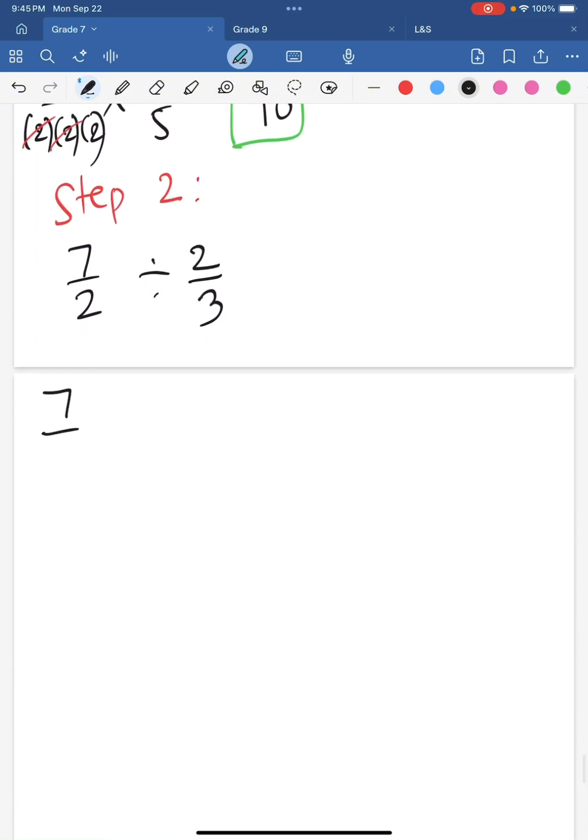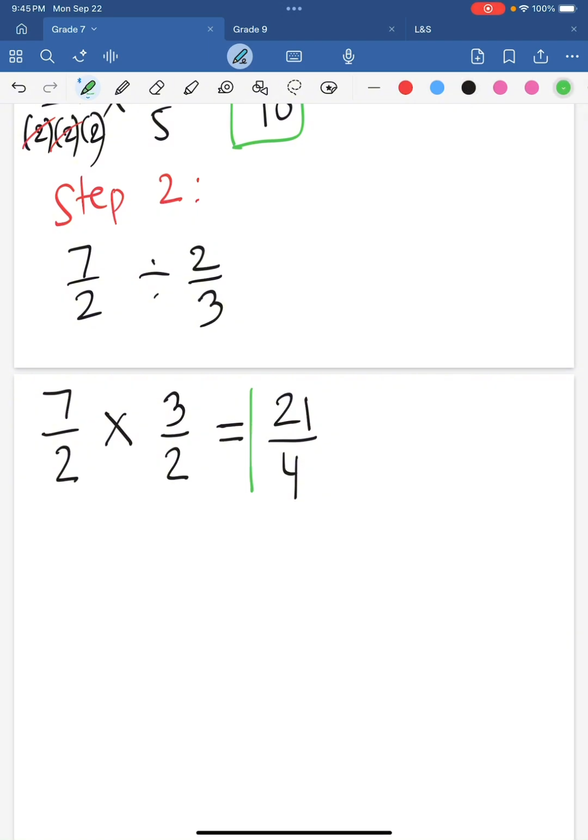So we have 7 over 2. Again, our division operation will become multiplication. And 2 over 3 will be reciprocated, so we have 3 over 2. And now we could directly multiply, so 7 times 3 is 21, and 2 times 2 is 4. So this is the result of our second step.